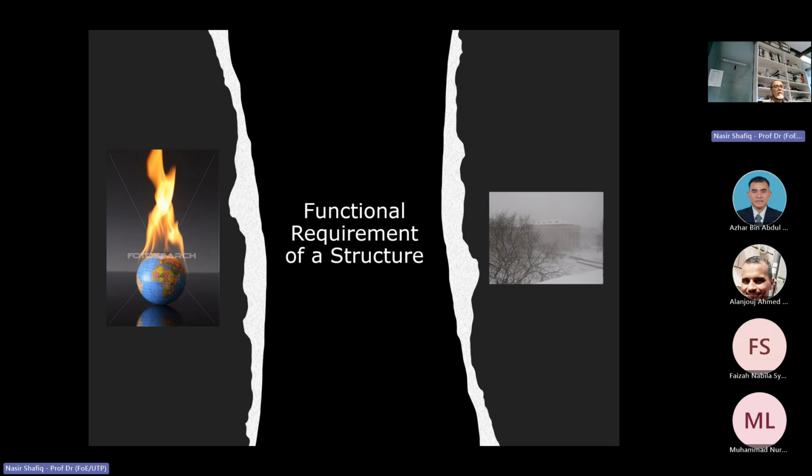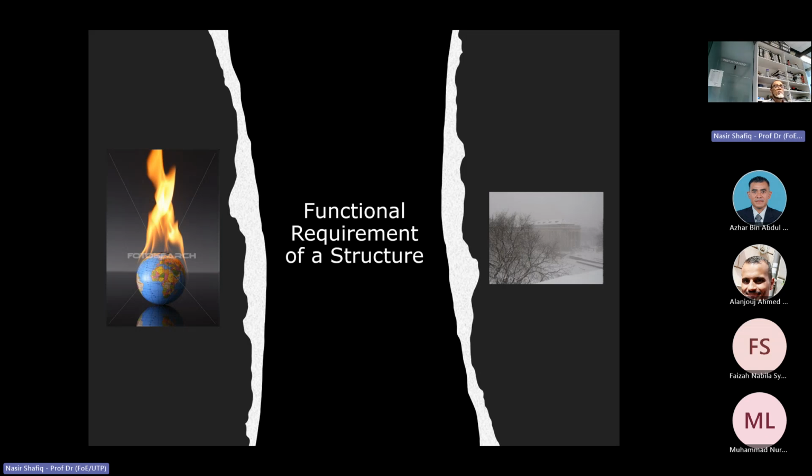If we look at the whole planet, at the moment somewhere there is sub-zero temperature and somewhere there is a hot climate. So in that sense, the asset can be subjected to external causes and internal defects, right?